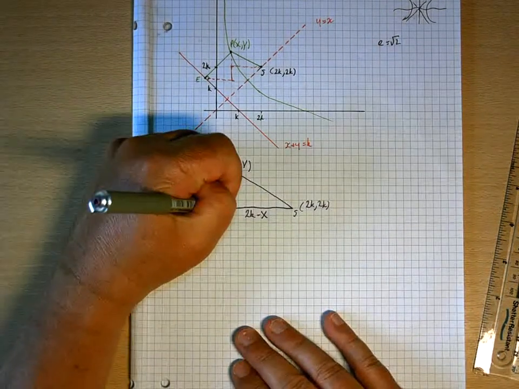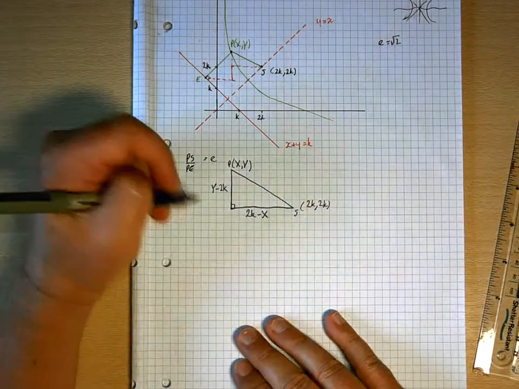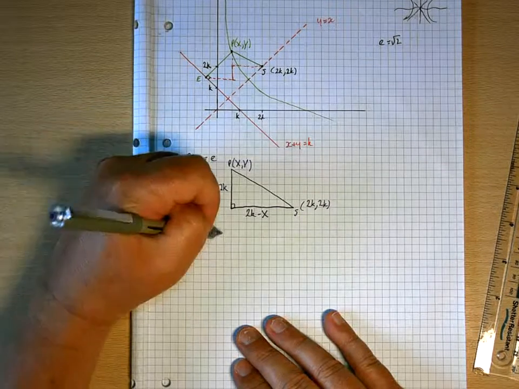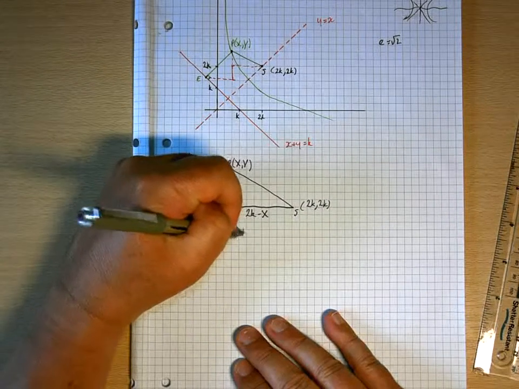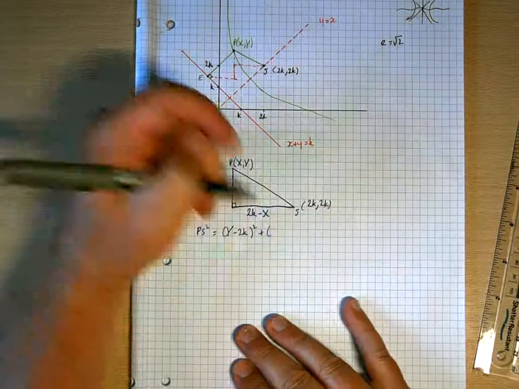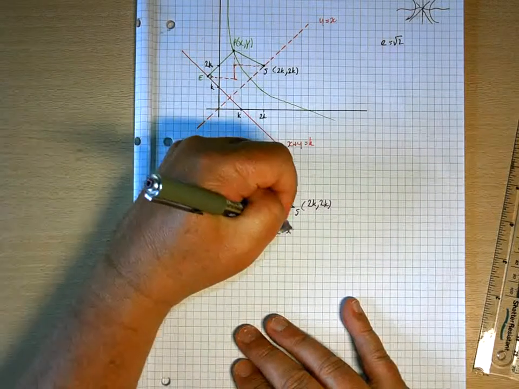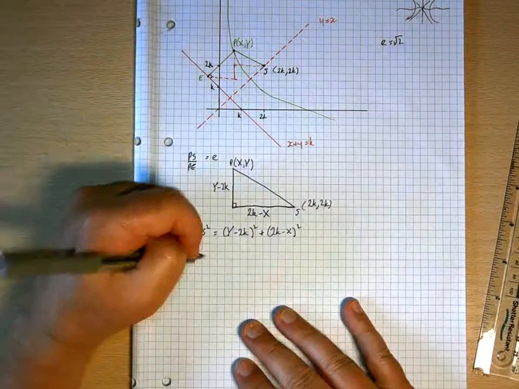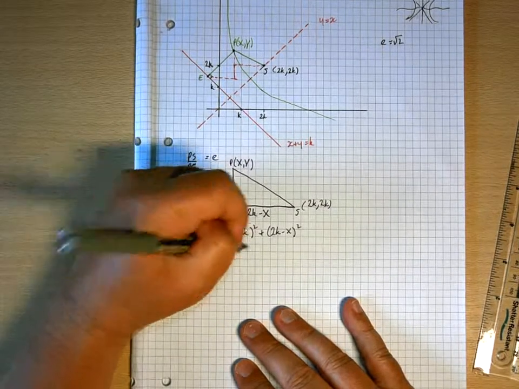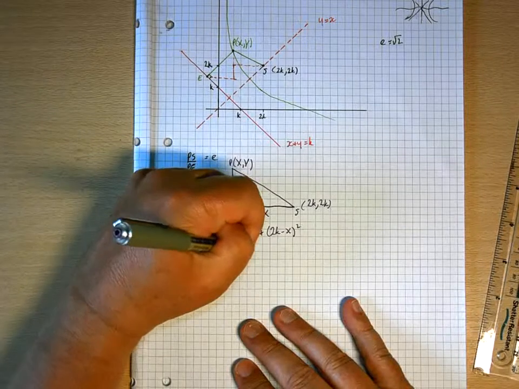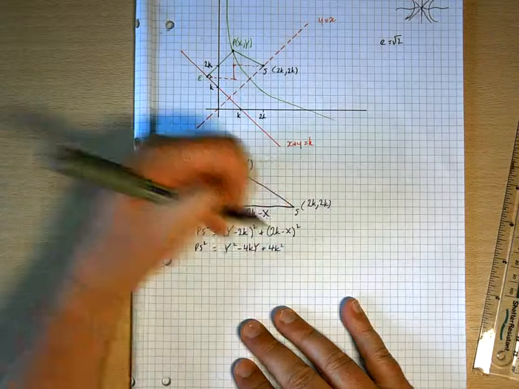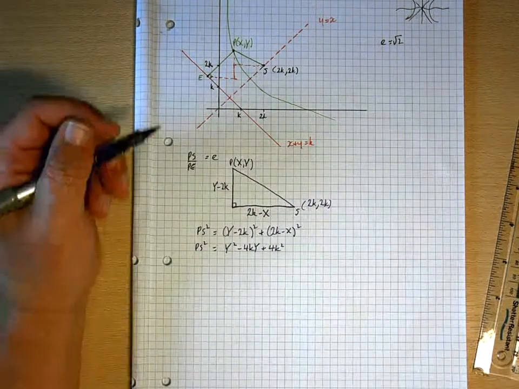So using Pythag, I can get an expression for PS. It's going to be that squared plus this squared. So PS squared. Squaring out that, you get y squared minus 4ky plus 4k squared.